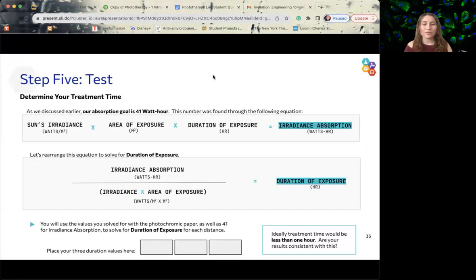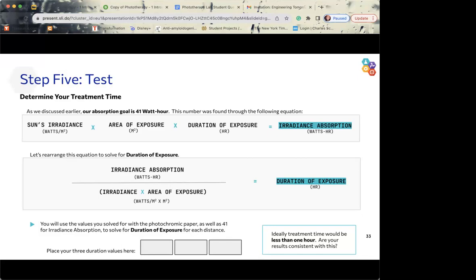And then from here, we're going to utilize that equation we were talking about earlier, just the main equation of this whole thing. So we're going to utilize our 41 watt hour goal, but this time we're going to work a little bit backwards because, if you remember way back at the beginning of this presentation, I told you all that we want to try to figure out the best time for this treatment, okay?